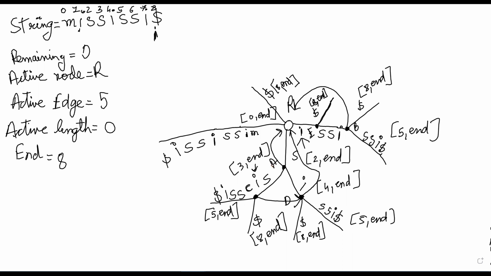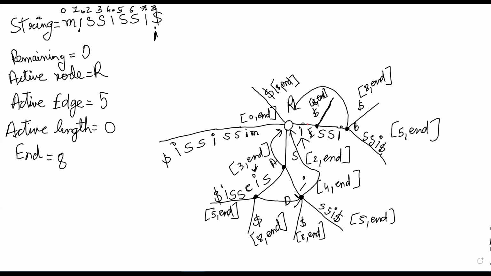But if we check from root node to node B, then we can see that ISSI consists of 4 characters, which is greater than SSI, which we got from the previous comparison.